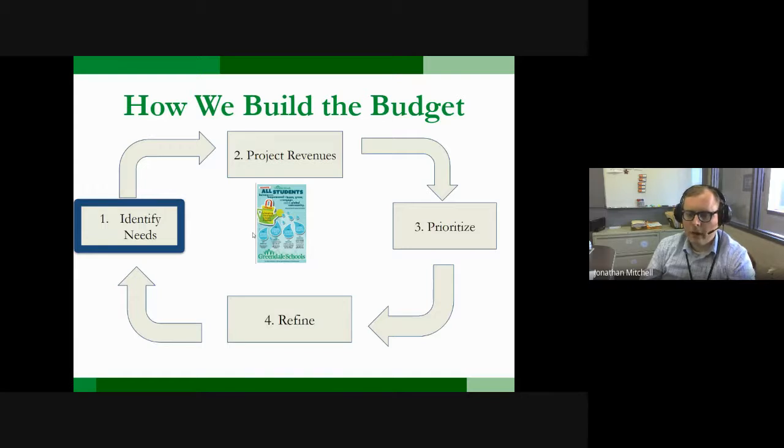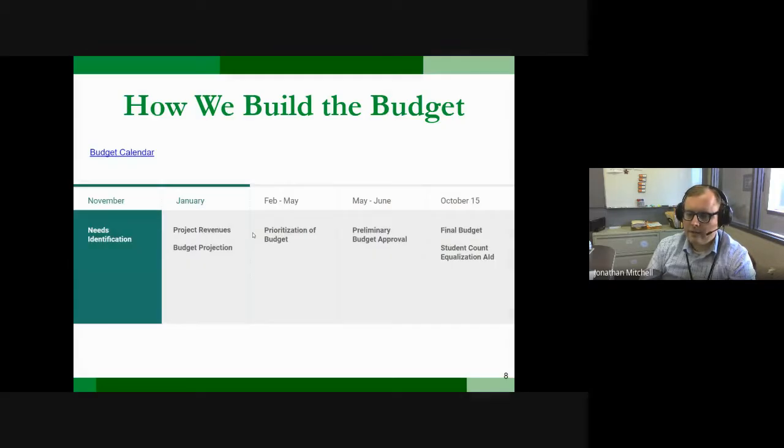So, as we talk about identifying needs, here's a listing of the budget calendar. So, working from left to right, we're starting in the month of November, beginning to have those conversations around needs identification. By the time we get to January in the budget development process, we are projecting revenues and doing budget projections for the following year.